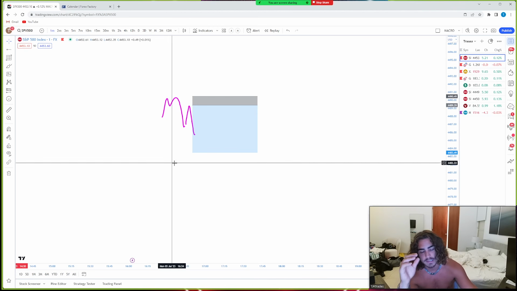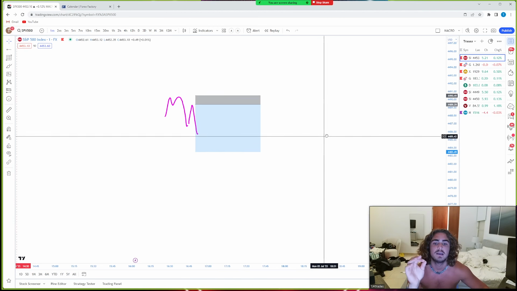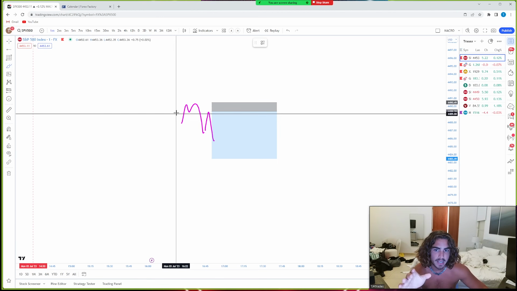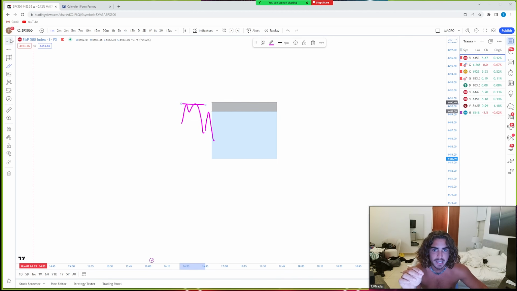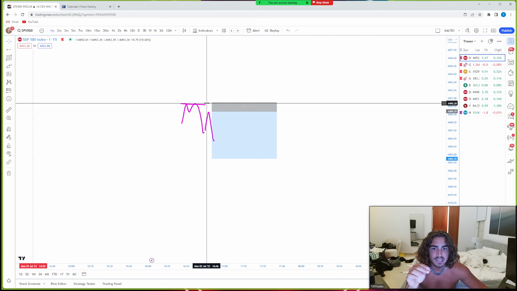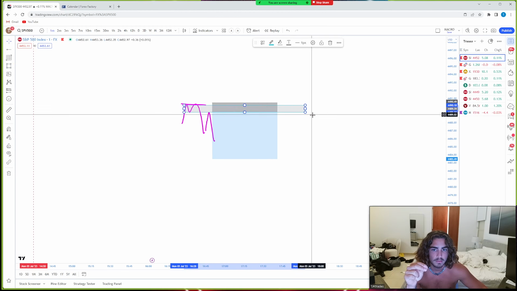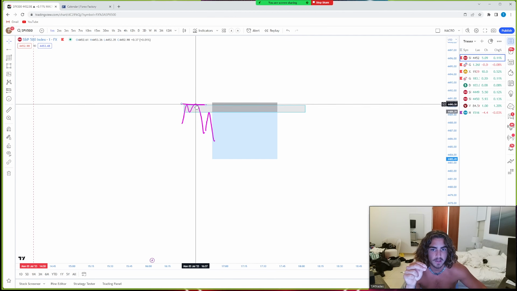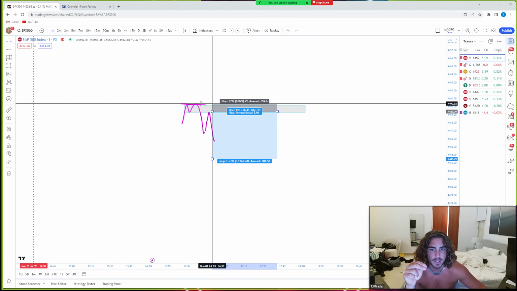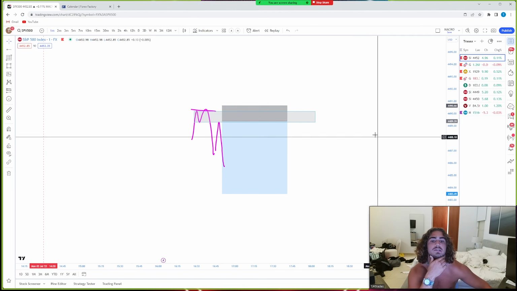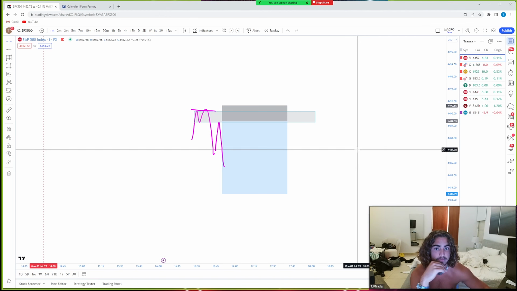I do this because if our bias was correct, if liquidity was actually taken out, then price has no reason to come back above this high. This is where our order block is, where orders were filled, and we'll talk about why we put our stop loss slightly above the highs as well, to cover for spread.